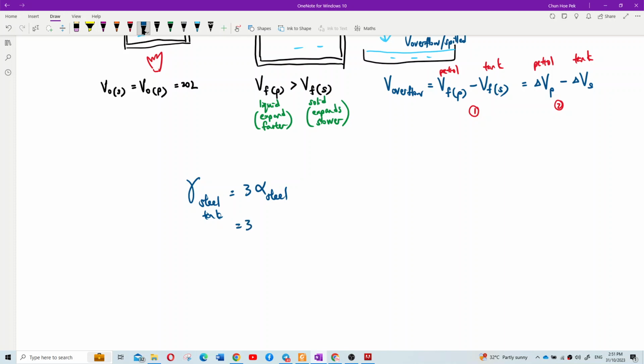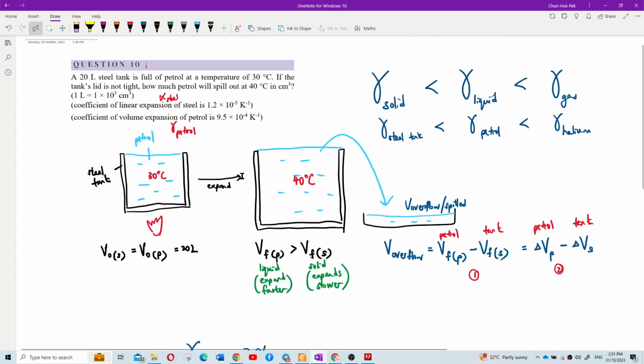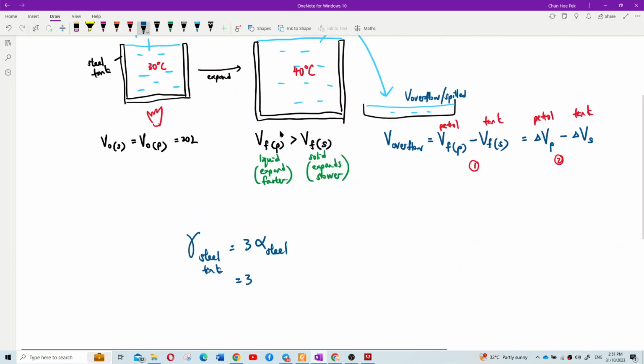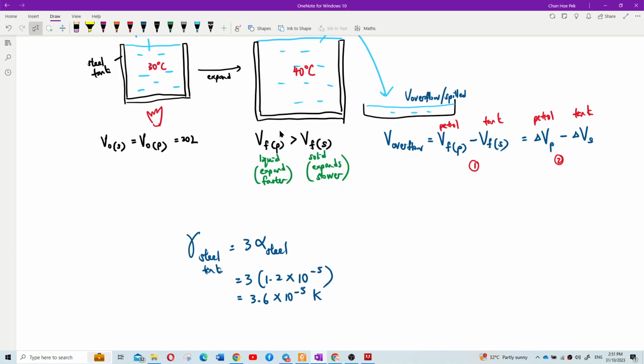So what is the alpha value? 1.2 times 10 to the negative 5. So what's the answer, class? 3.6 times 10 to the negative 5 per Kelvin.